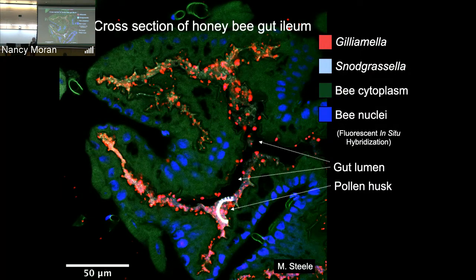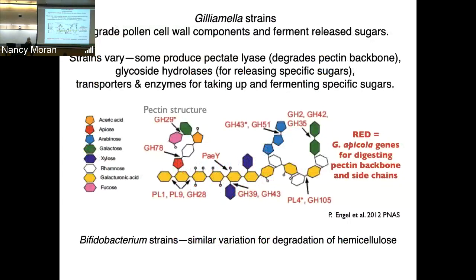It's a lot like humans. There's a lot of undigested plant fiber that ends up in the distal part of the gut that bacteria can work on, and that does happen in honeybees. So Gilliamella strains, depending on the strain, which I'll get into, have a lot of different enzymes for breaking down polysaccharides.